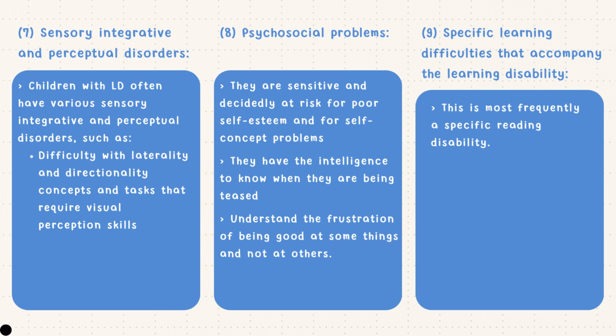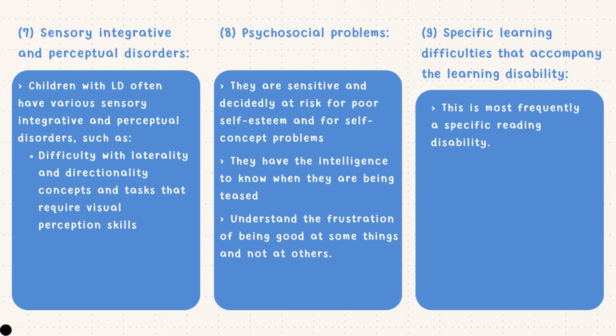Next, sensory integrative and perceptual disorders. Children with learning disabilities often have various sensory integrative and perceptual disorders, such as difficulty with laterality and directionality concepts and tasks that require visual perception skills. Next one, psychosocial problems.